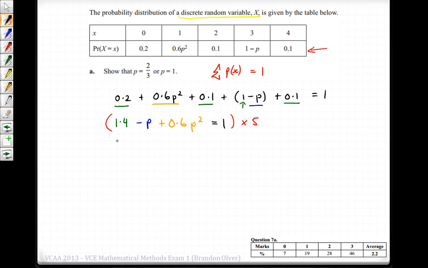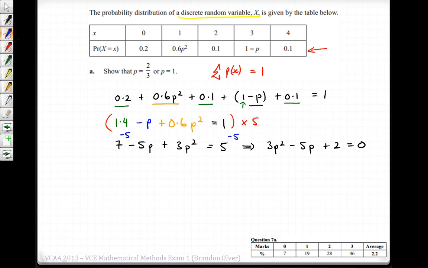So I'll write that out. 7 minus 5p plus 5 times 0.6 is 3p squared equals 5. So now, equivalently, I can write 3p squared minus 5p plus 2 equals 0. So all I'm going to do in that step, if I annotate in blue, is just subtract 5 from both sides.